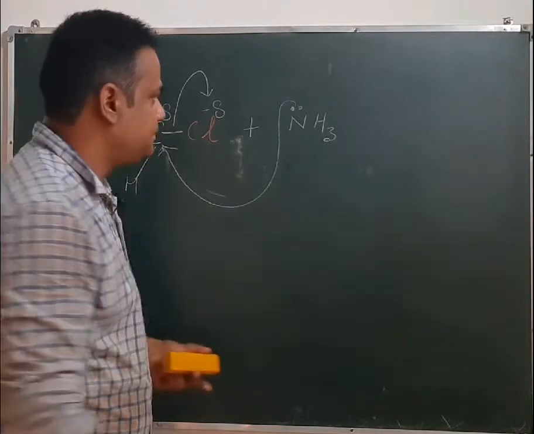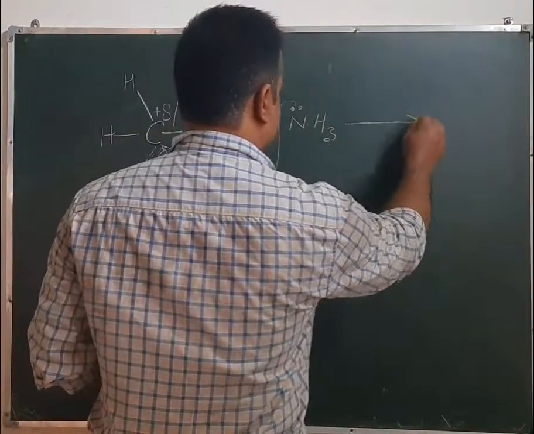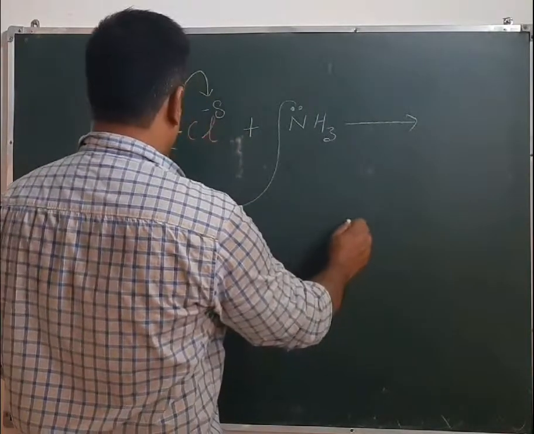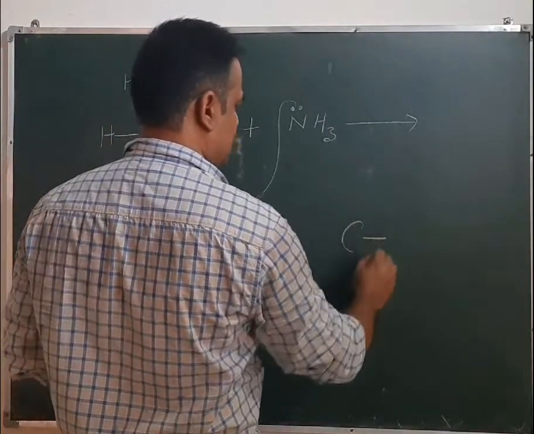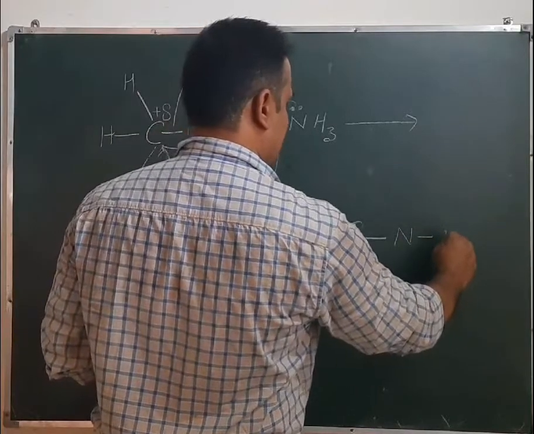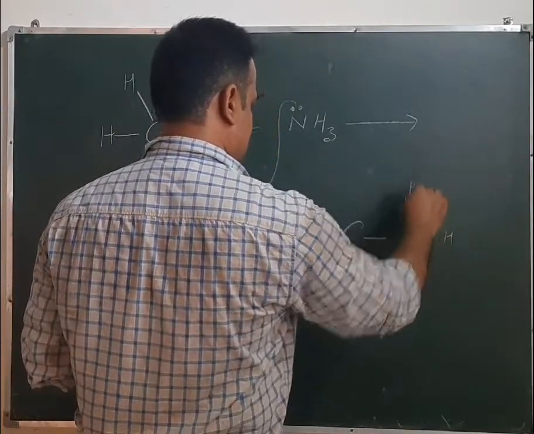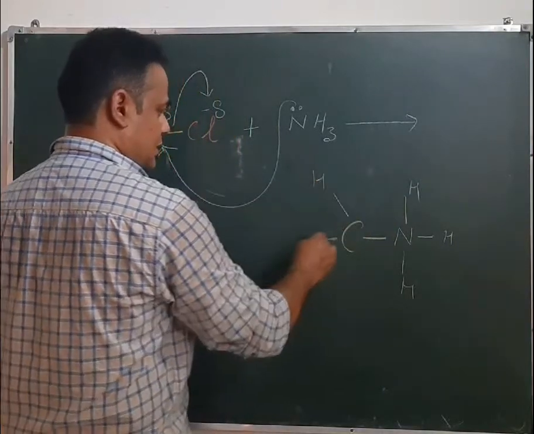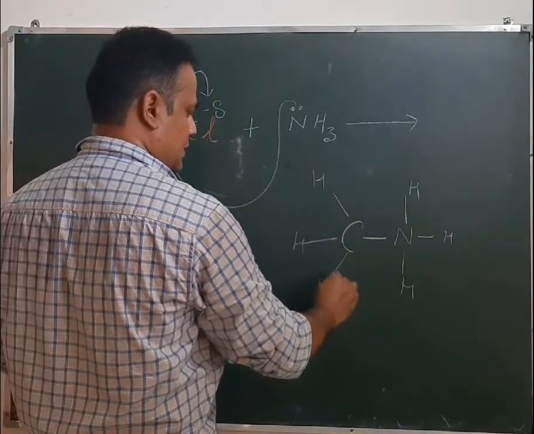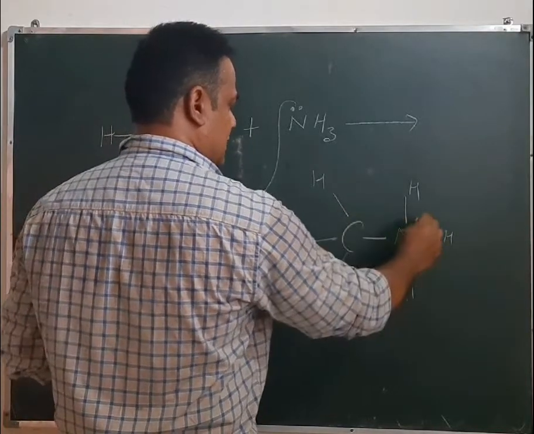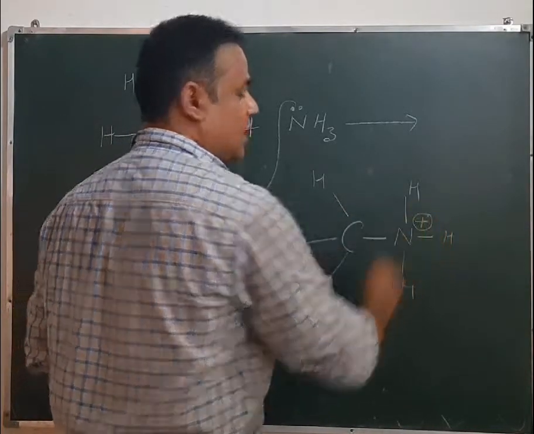So now see, when this nitrogen gives electrons to this carbon atom, we will have NH3 with the hydrogens, and here this nitrogen is acquiring positive charge.